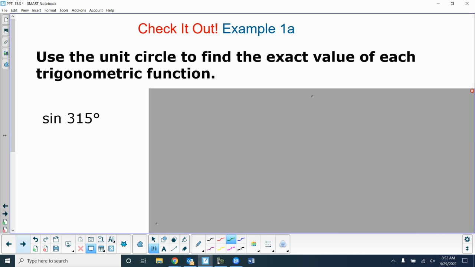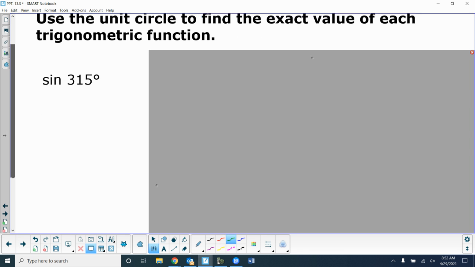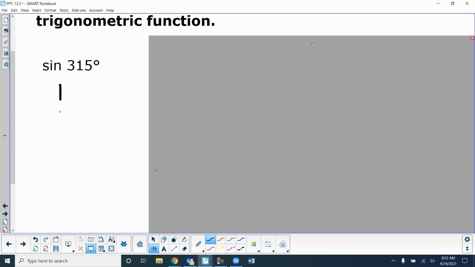350. Jack? Yeah, go ahead. All right. Fourth quadrant, right? What's the reference angle? Remember, all the way around is 360, and we went 315, so what's the difference? 45.